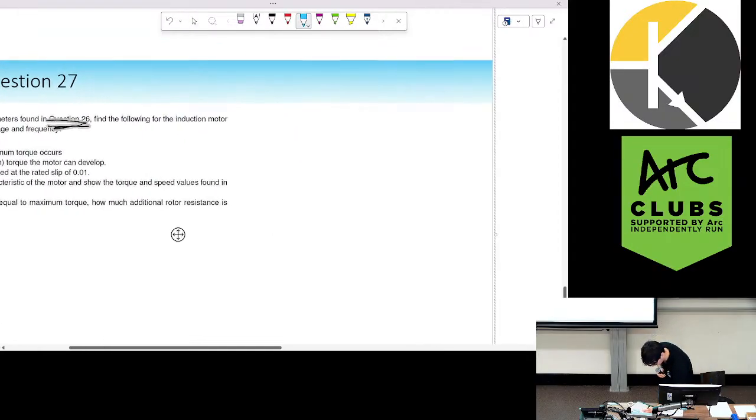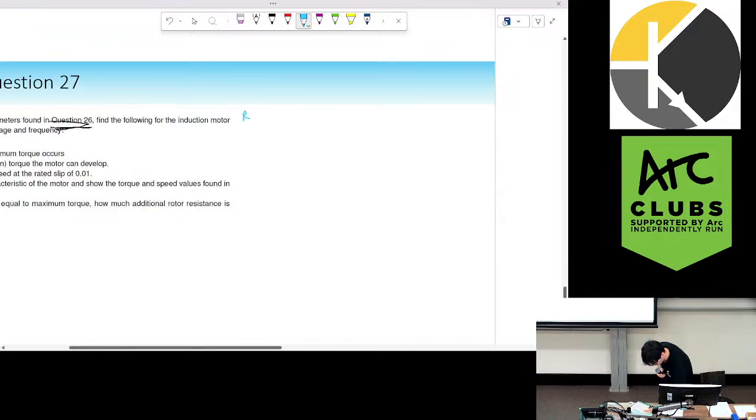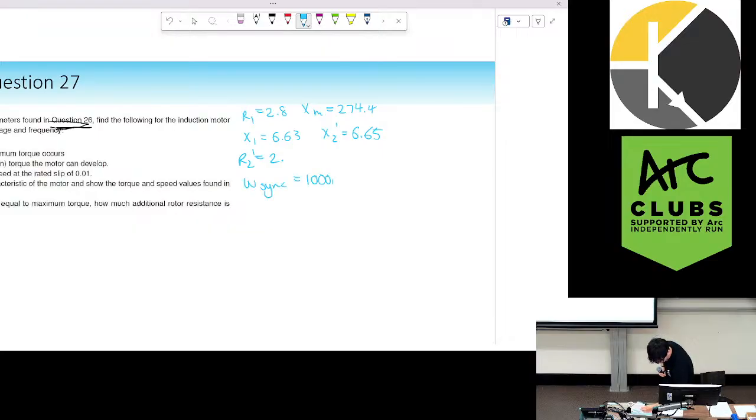So we were meant to be given R1 is 2.8, XM is 274.4, X1 is 6.63, X2 is 6.65, R2, 2. Okay, that should be everything we need for this question.